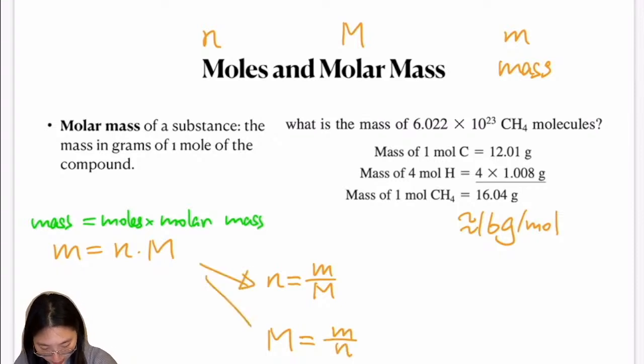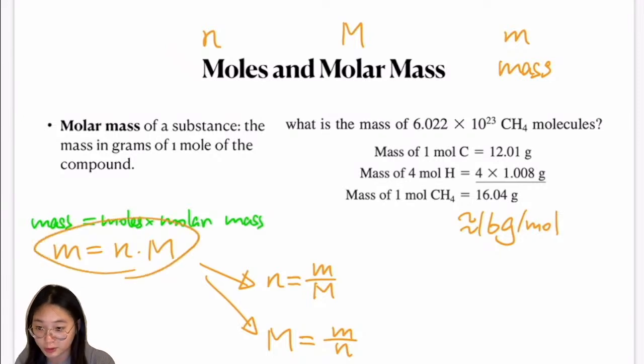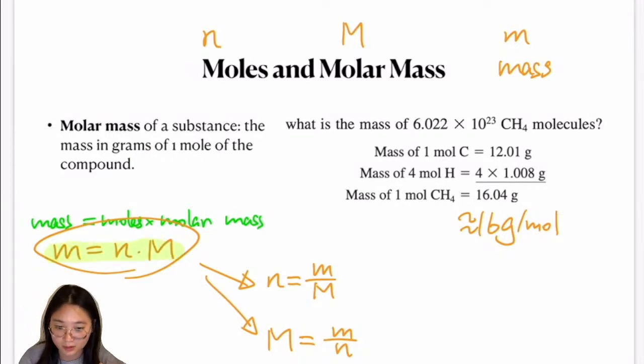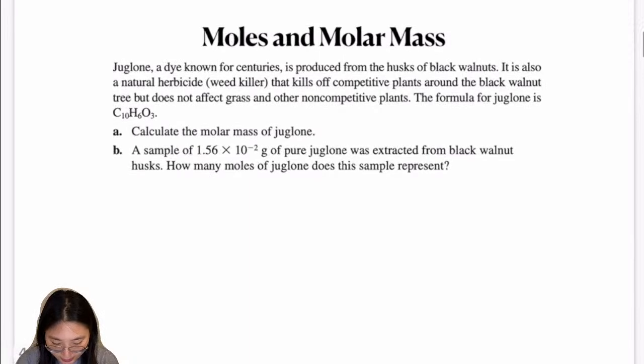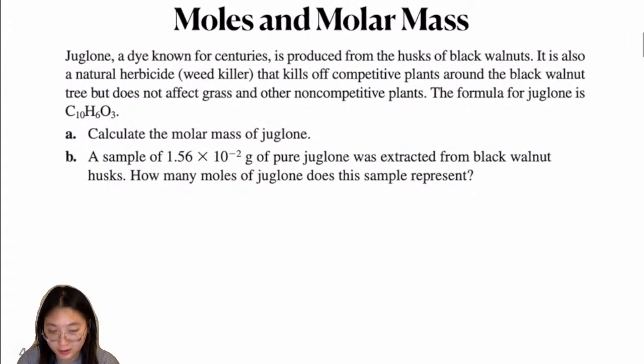Anyway, you do not have to memorize everything. You just need to memorize this one single equation, and from this one you can derive whatever equation you want. So do not try to memorize everything. Just try to memorize this one. That's the most important one.